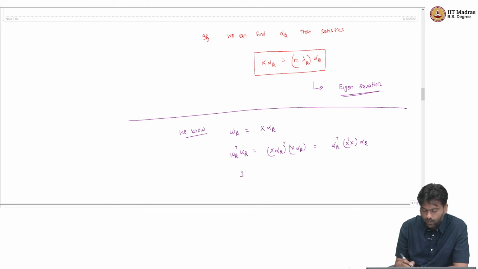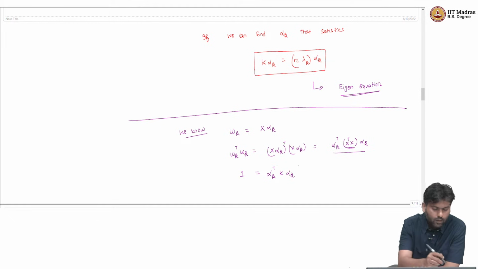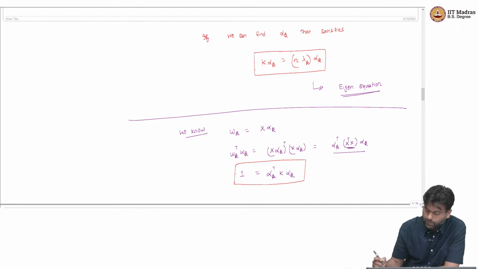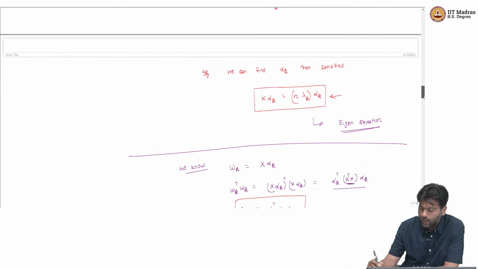We know that we are looking for w_k's with length 1, which means the left hand side is 1. On the right hand side, this X transpose X shows up, which is what we are calling K, which means this is alpha_k transpose K alpha_k. So, now we are saying that we need an alpha_k that satisfies this equation, but it can't be any alpha_k.